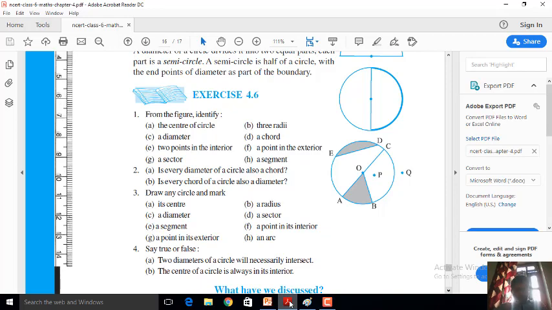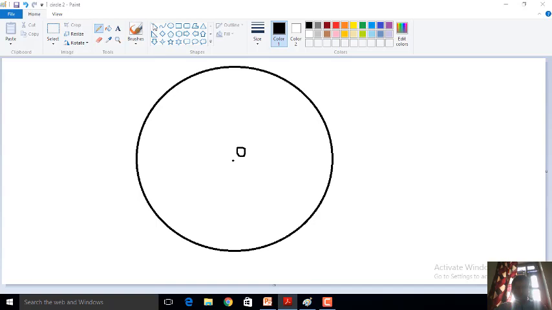And we have to draw a radius. We are going to draw a radius. We know that if we join a point on the circle to the center of the circle, the line segment that we obtain will be known as the radius of the circle.